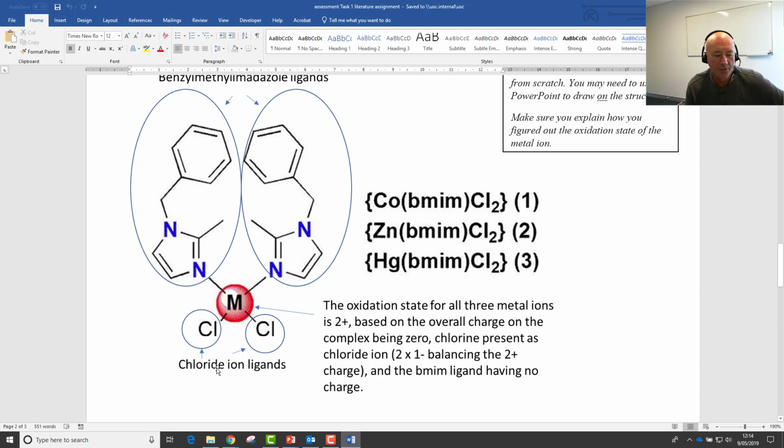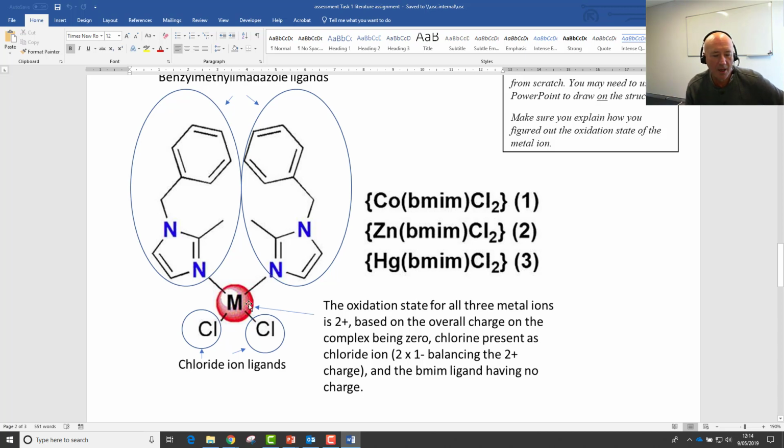So there's 1, 2, 3, 4 ligands here. This ligand here and here, they're the same compound. They're actually neutral compounds. This one here, I can recognize as chloride ion ligands. You won't exactly be able to at the moment, but you will by the end of this lecture.